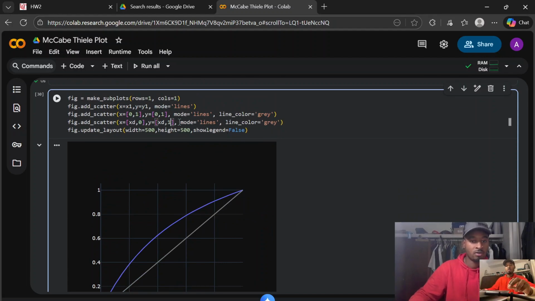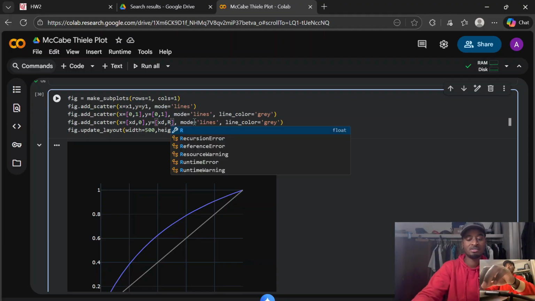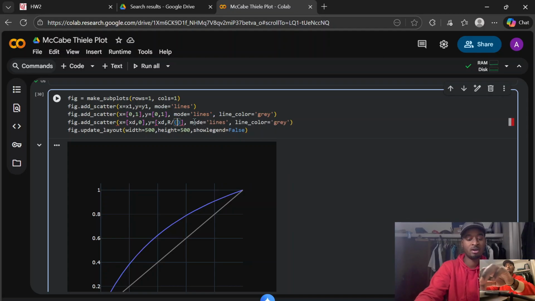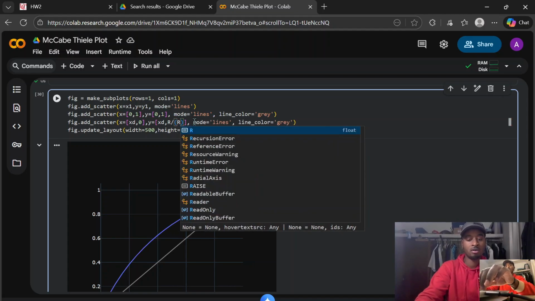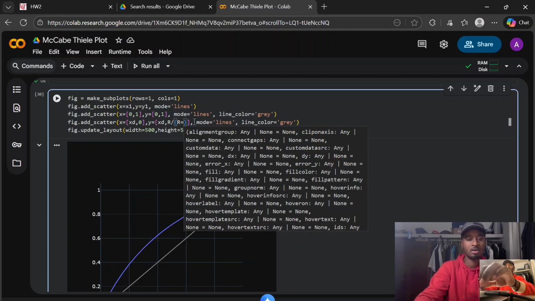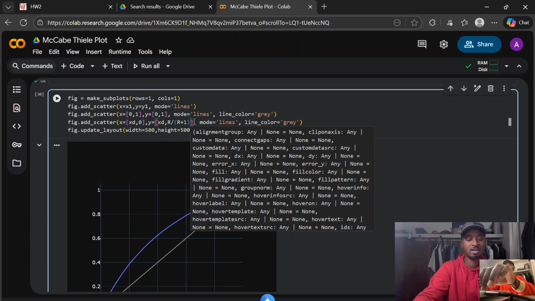And then for y, we already know what y will be when x is equal to 0 for the rectifying section. So I believe that is R divided by R plus 1 times XD.